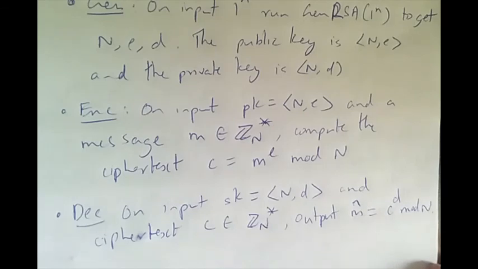So the encryption is just M to the E mod n, and the decryption is C to the D mod n.